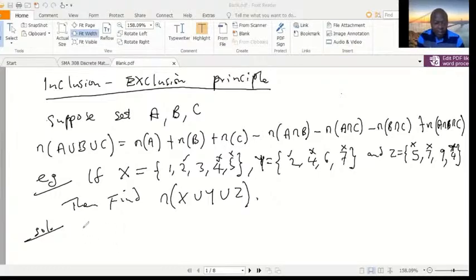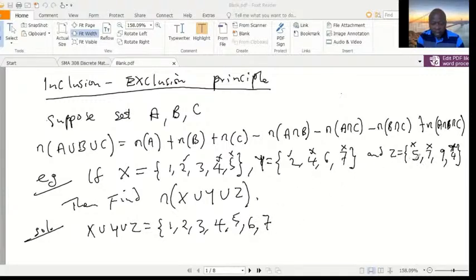The union of x, y, and z has the elements in x are 1, 2, 3, 4, 5. So we write the elements in y, but we make sure we don't repeat an element. So we cannot write 2 because it has already been written. 4 we cannot write it because it has already been written. But 6 has not been written here. And 7 has not been written here.